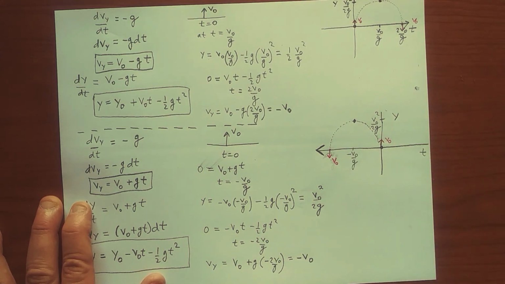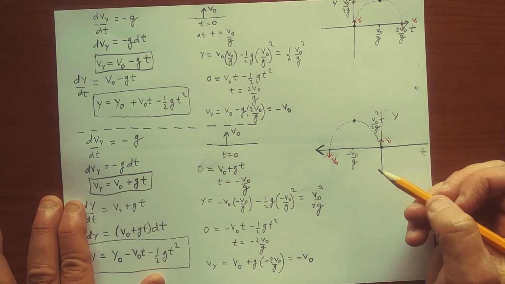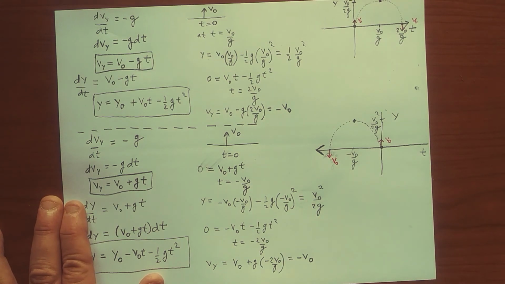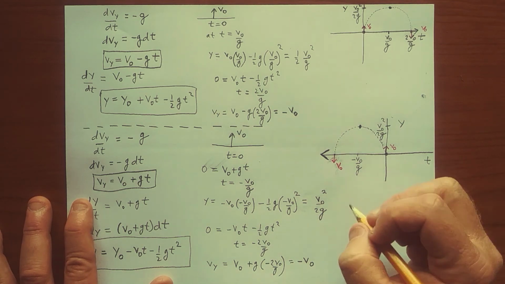So what we can conclude here is that, in fact, our kinematic equations don't seem to have a problem with changing the direction of time. So let's say, how do we want to write this?